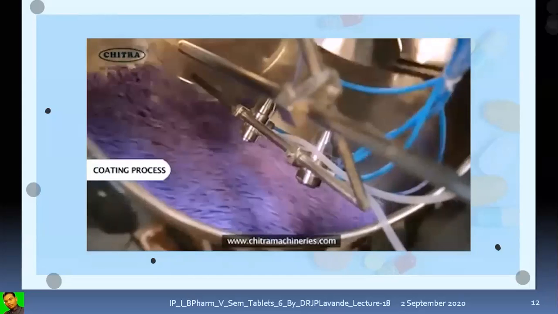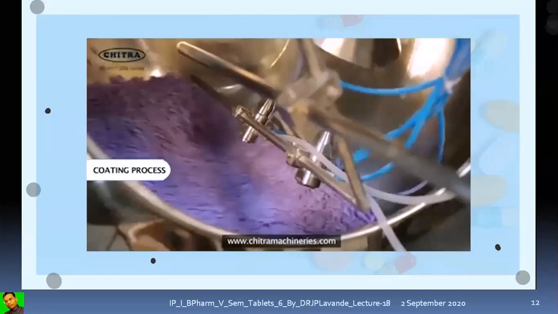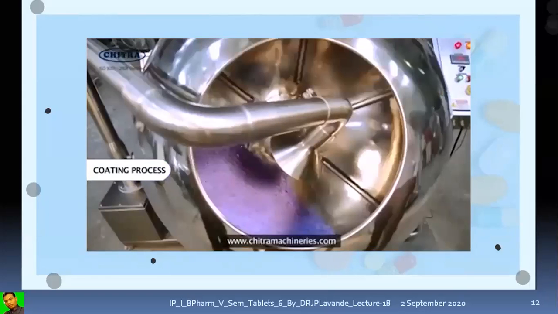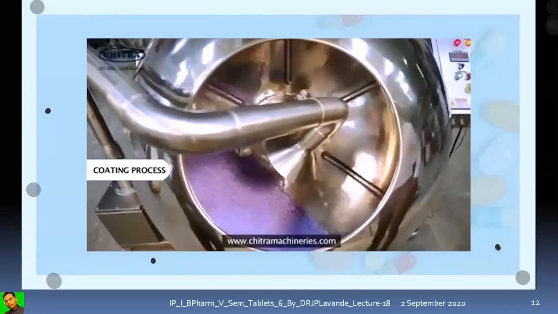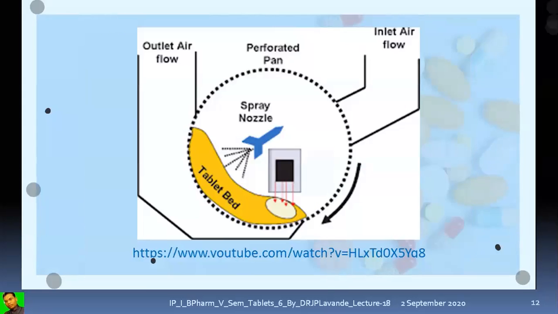A spraying system involves several spray guns. In the coating process, the pump delivers the coating solution to the guns, where it combines with atomizing air to create a fine mist that is directed at the bed of tablets in the coating pan.